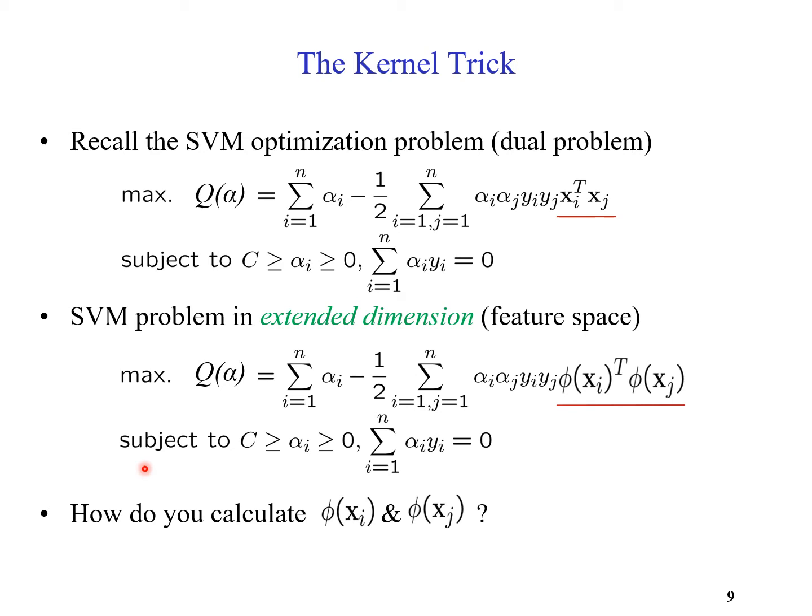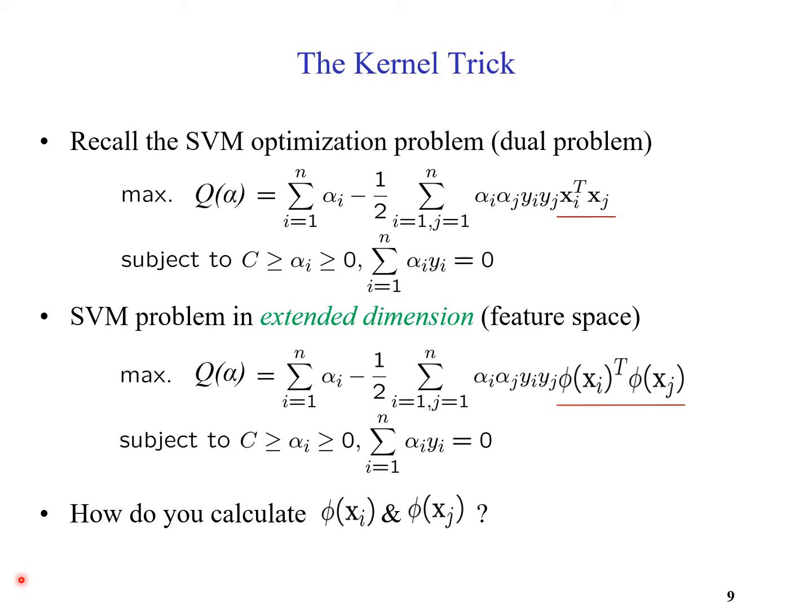For example, this dual problem is much easier to solve than the primal problem. The constraint here in the dual problem is an equality, which is much easier to handle, but in the primal problem the constraint is an inequality, so it is more difficult to handle.